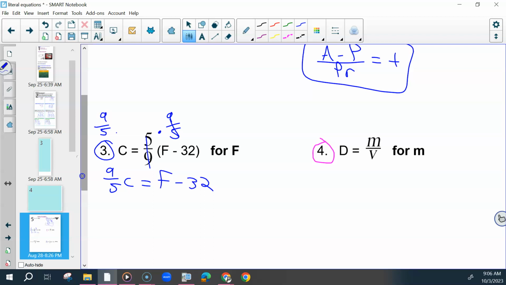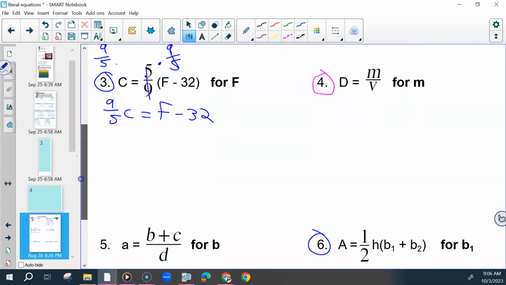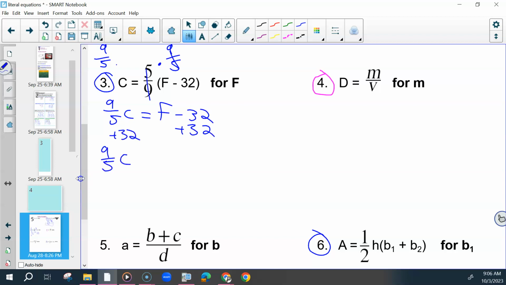And then to get f by itself, add 32 to both sides. We have 9/5 C plus 32 equals f. Some of these formulas may or may not look familiar. This one is how to convert Celsius to Fahrenheit and back and forth.